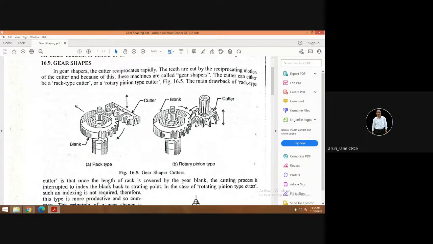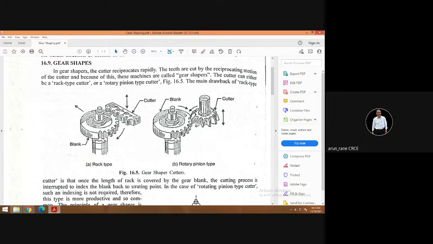This is the basic principle of gear teeth cutting. Most shaping machines have this type of mechanism: your blank is rotating as well as your cutter is rotating, the cutter is going up and down, and the cutter is fed radially to complete the depth of cut.